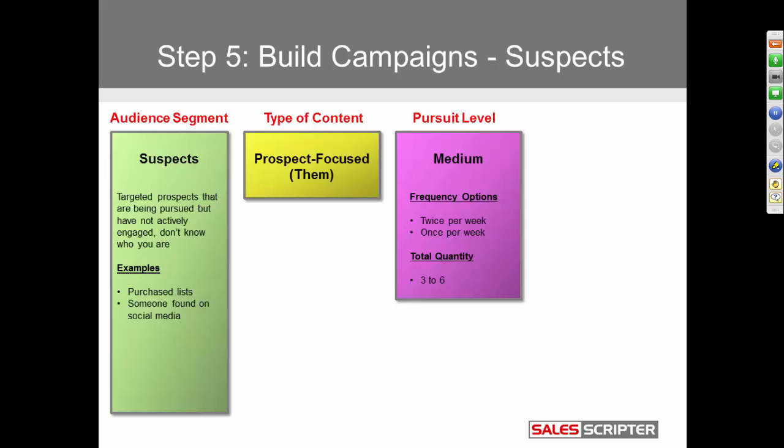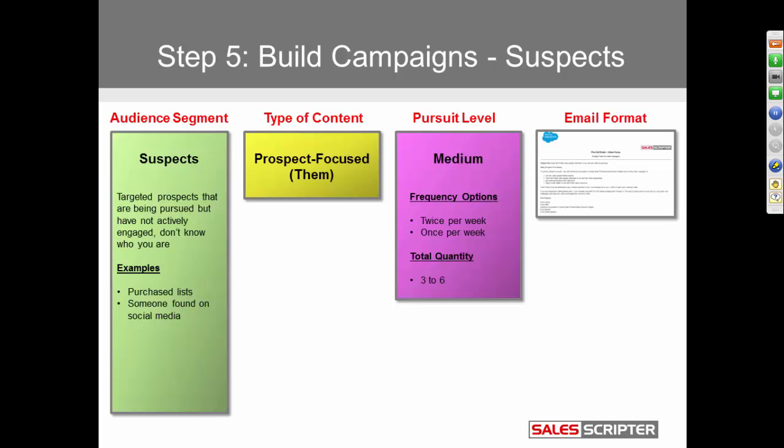So we don't want to just bombard the person. So we use a medium pursuit level. And the email format is going to be that plain text one-to-one type of email. So we're going to hit them with 3 to 6 of these plain text emails, and I would recommend also some phone calls and other multi-touch attempts, but that's the email drip campaign for the suspects.